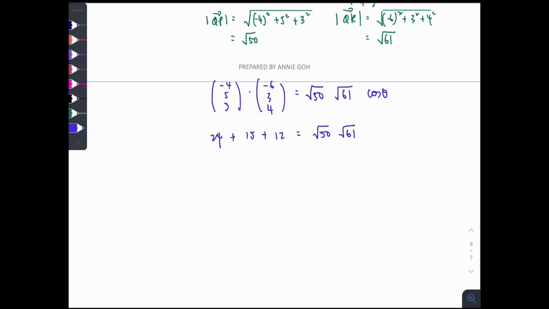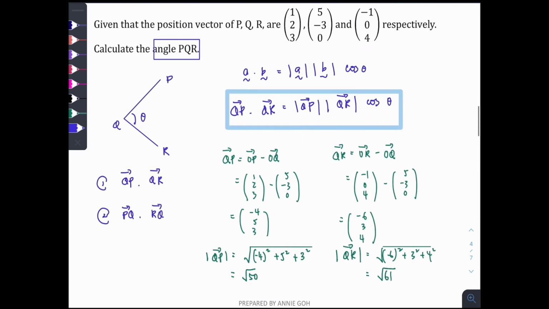That's how we calculate the dot product, and hence cos theta should be equal to (24 plus 15 plus 12), which is 51, over square root 50 times square root 61. So hence we can calculate the angle, which is equal to 22.6 degrees. That's the angle PQR that is requested by the question here.